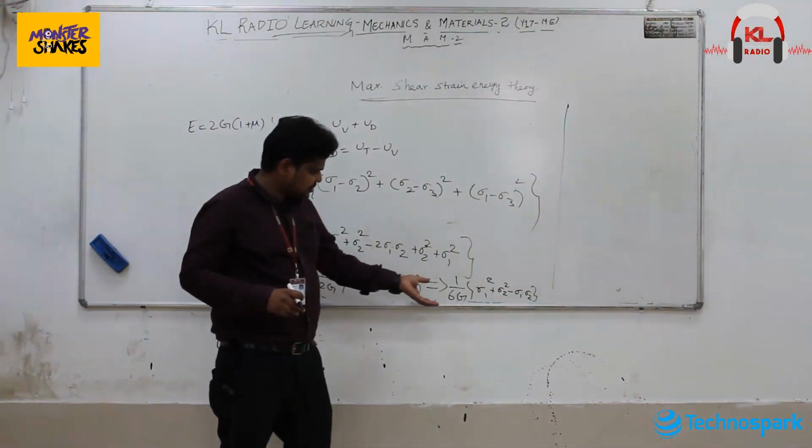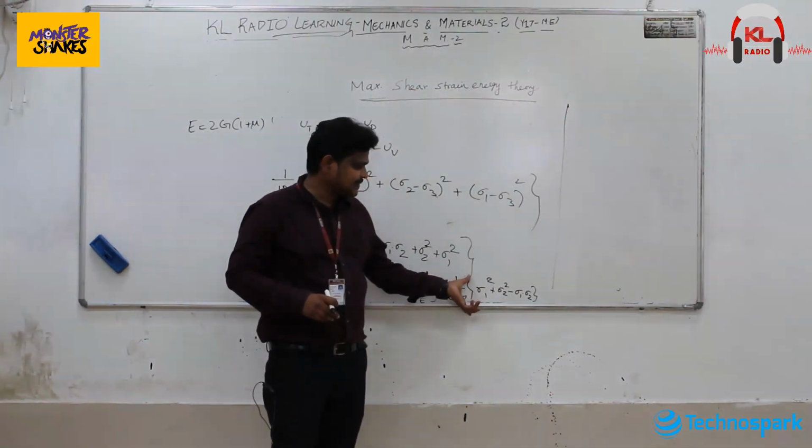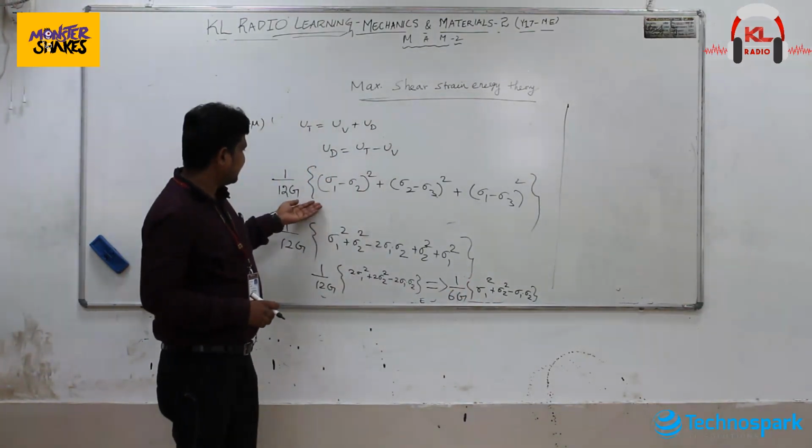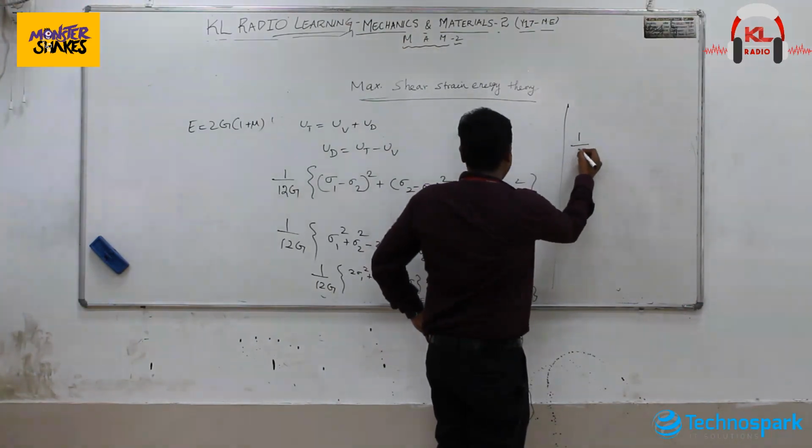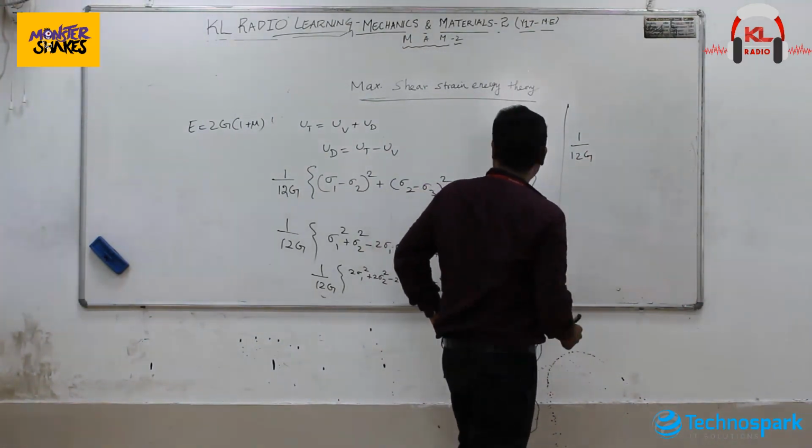So now this is the distortion energy in a member under biaxial condition. The same thing we can write for a uniaxial case. It is going to be 1 by 12G.